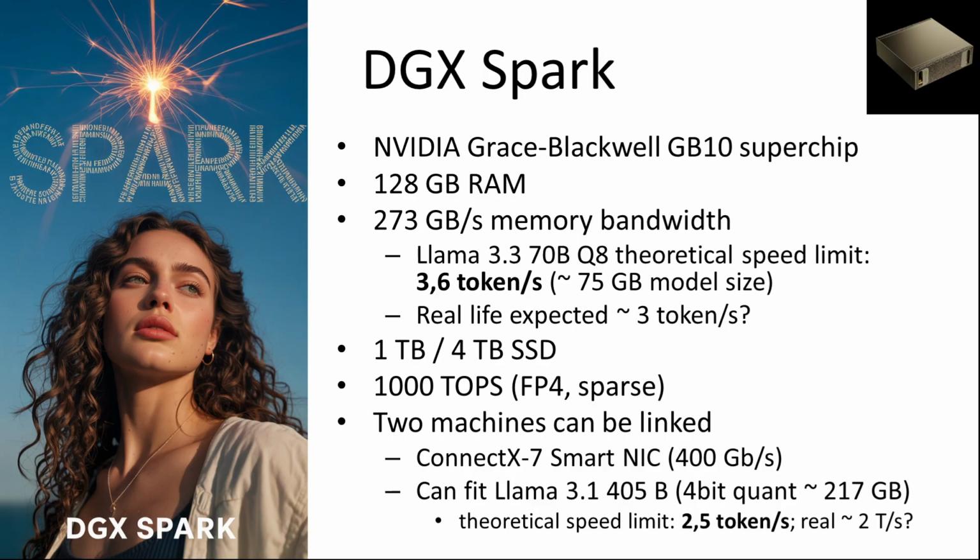So on the Llama 3.3 70 billion model with quant 8 quantization, which roughly has a 75 gigabytes model size, we come in at 3.6 tokens per second at the theoretical speed limit, and for real life we would expect about 3 tokens per second. I already mentioned the different SSD configurations, and to my knowledge Nvidia itself only offers the 4 terabyte configuration.